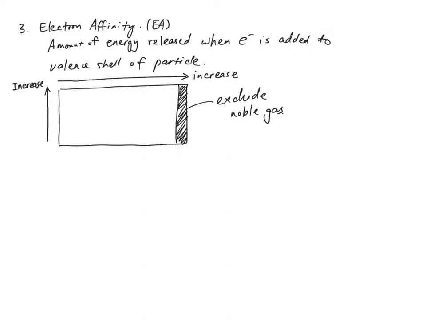But when it comes to electron affinity, you're adding electrons to the valence shell. Think about these noble gases. At their valence shell, they already have an octet. Where are you going to put those electrons? In the valence shell d orbital? In the next shell on the s orbital?